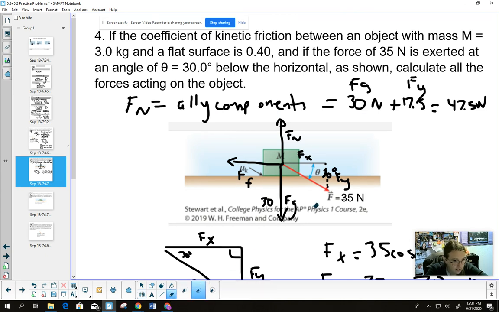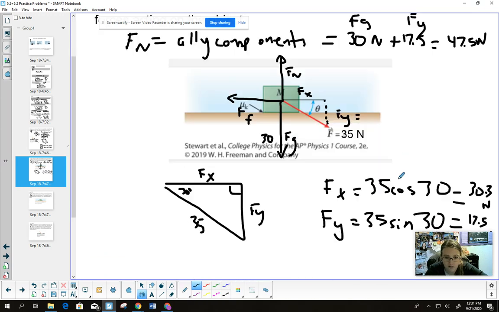We would have over here, just so we can put it all together, a component of 17.5. My normal force is these two y components added together. And then I have my x component as well of 30.3.